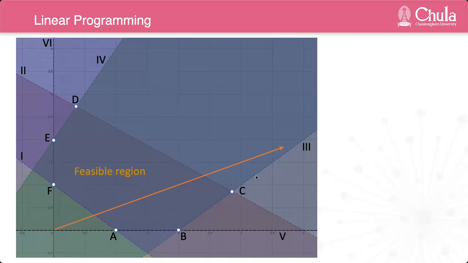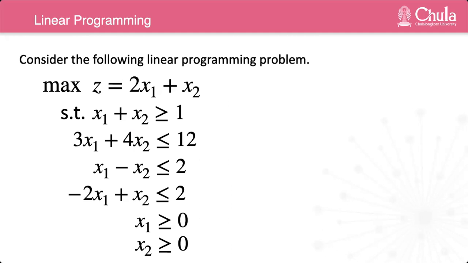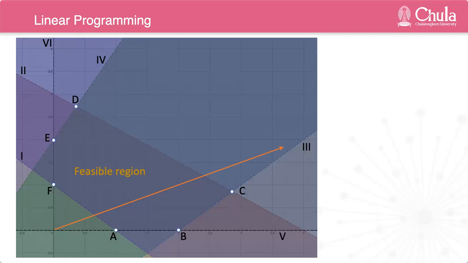It must be C, right? What about the minimum point? It should be F, right? Yes, because you go down this way.